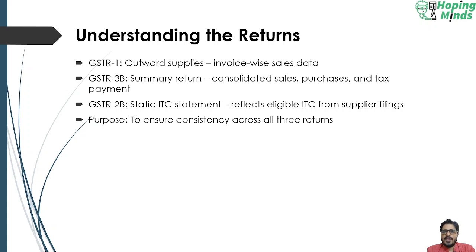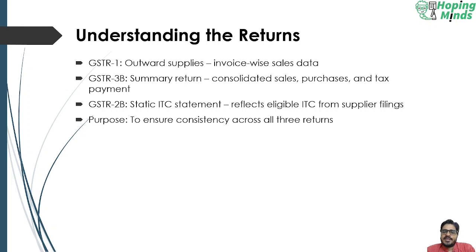So first, GSTR-1 return. It is the return for outward supplies. It contains invoice-wise sales details uploaded by the supplier of goods or services. Then GSTR-3B, it is a summary return where tax liability is paid through cash or input tax credit availability. It includes the consolidated data of sales, purchases and input tax credit claims. Then GSTR-2B.